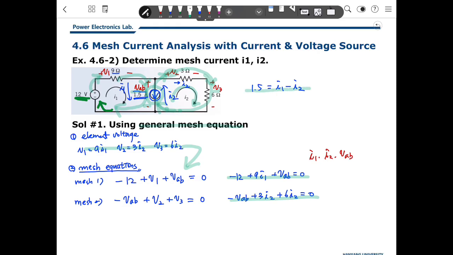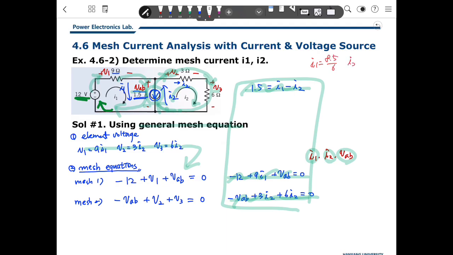So we have the third equation. We have 3 unknown variables and 3 equations. Based on 3 equations, we can get a solution for I1 and I2. So there is a way to get it based on here. We can calculate I1 will be, I2 will be minus 0.5 over 6. That's your very general solution.